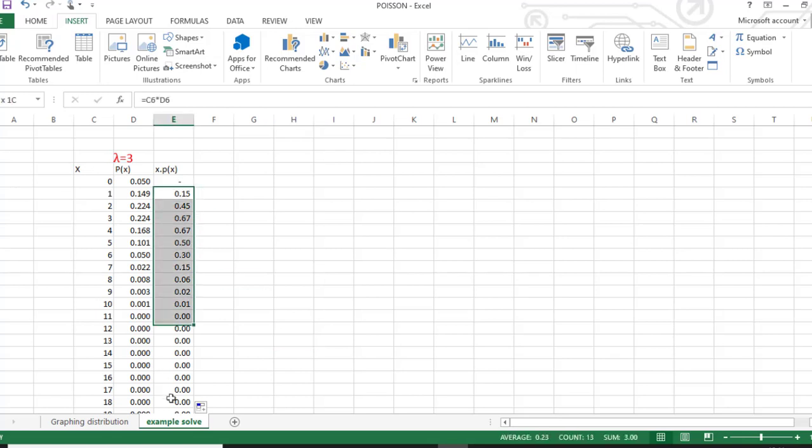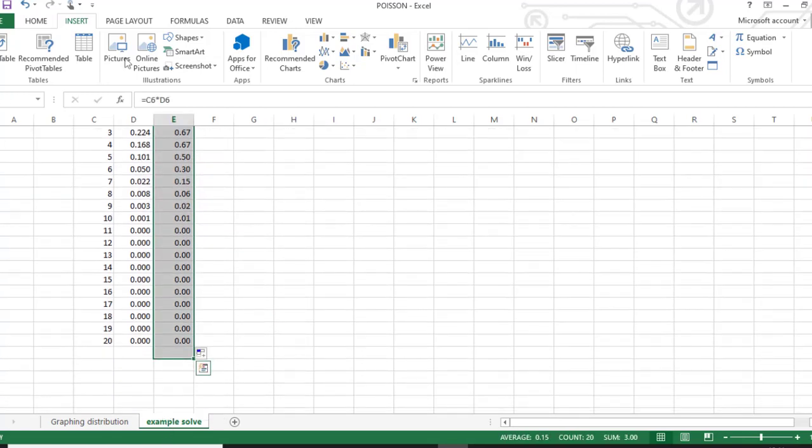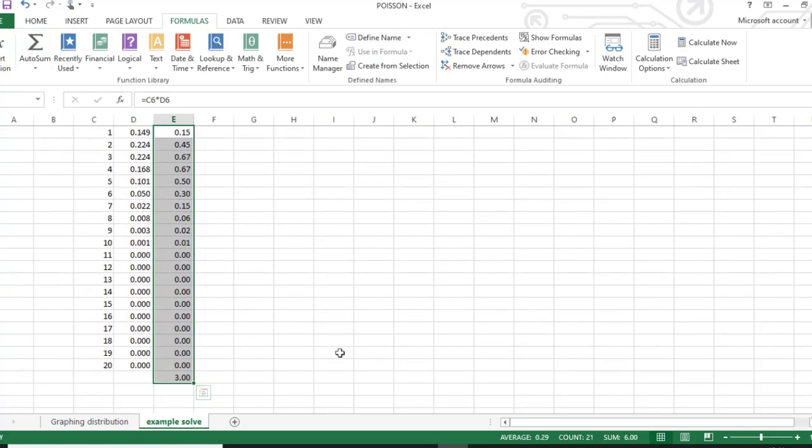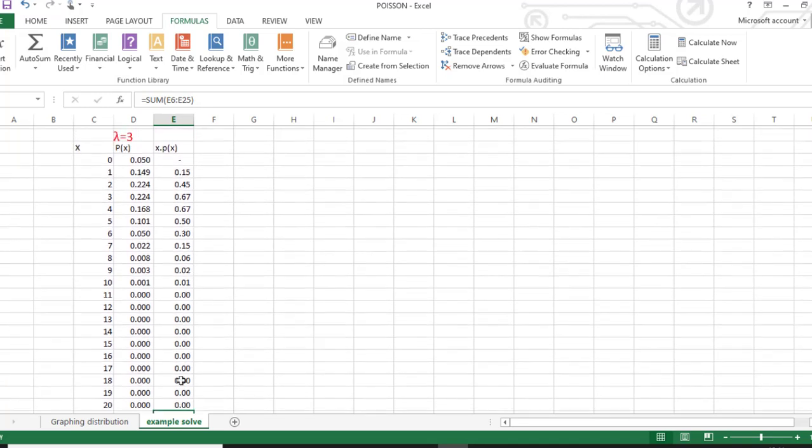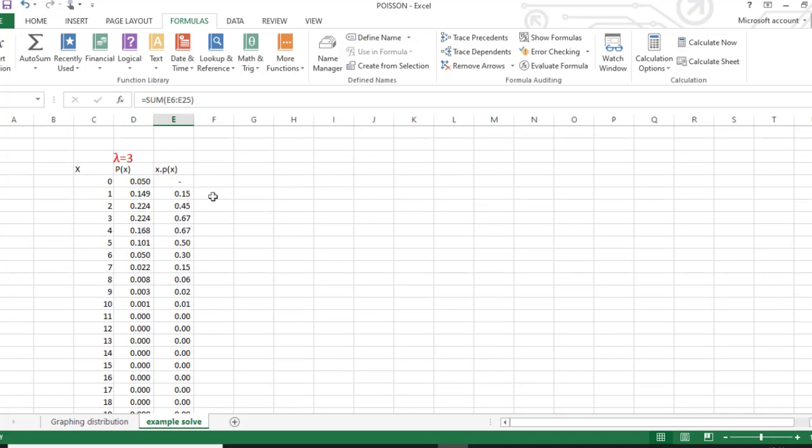Now if I add all this and do the summation of it, okay, so this summation represents the mean or expected value of the Poisson distribution, since it is given by summation of x times px. So you can easily see that the mean is same as that of the lambda is equal to 3. Okay, similarly we can also validate the result of variance using the variance formula.